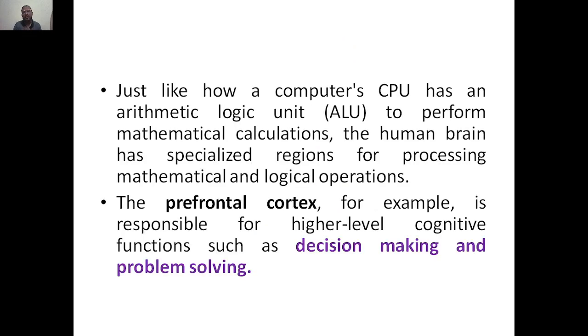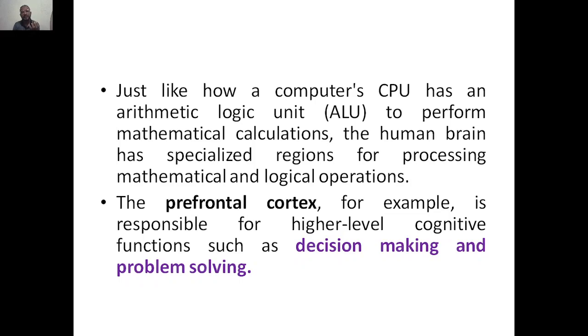Just like a computer CPU has an arithmetic logic unit, which works based on Boolean algebra, that is called ALU. So the CPU has ALU, the arithmetic logic unit, to perform mathematical calculations. Now in the human brain, specialized regions are there for processing mathematical and logical operations. Understanding?